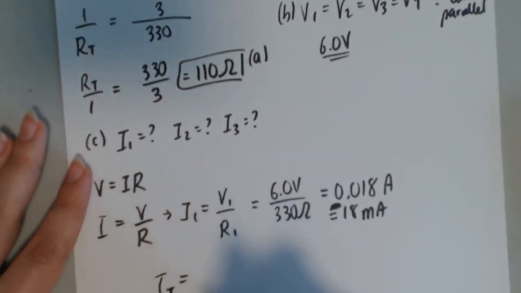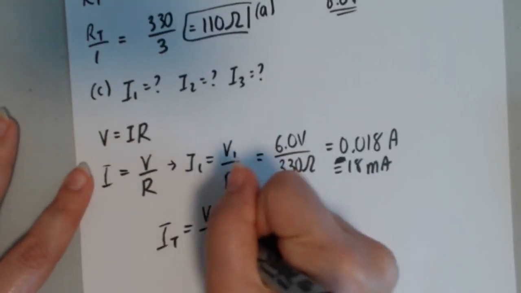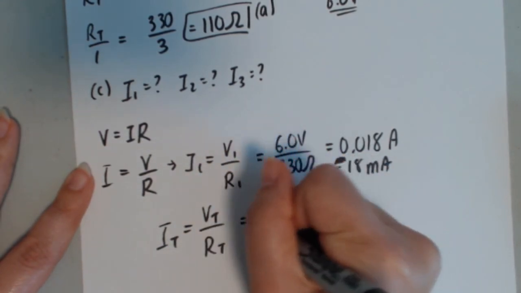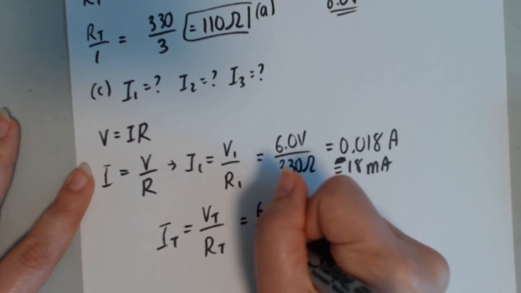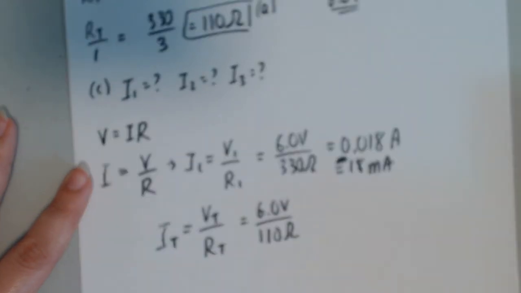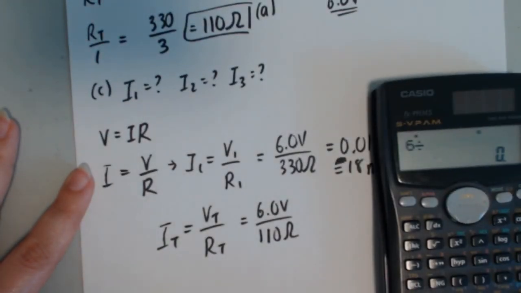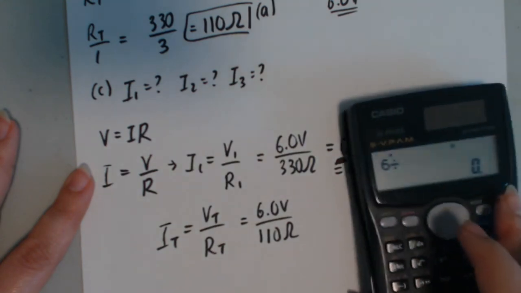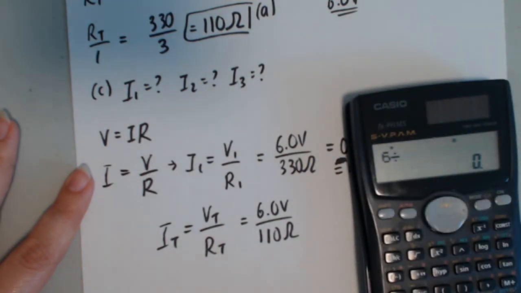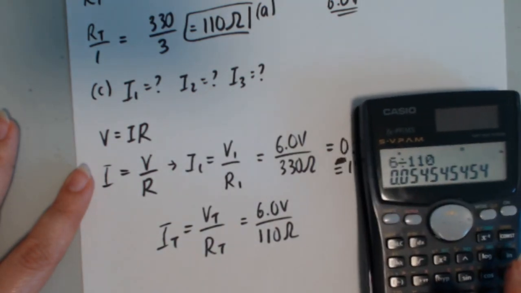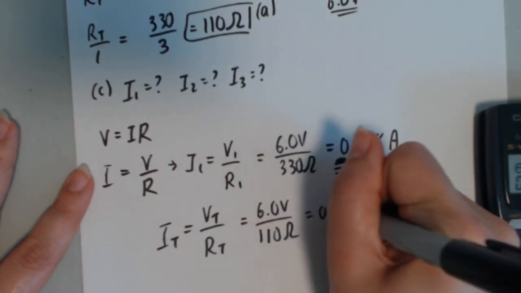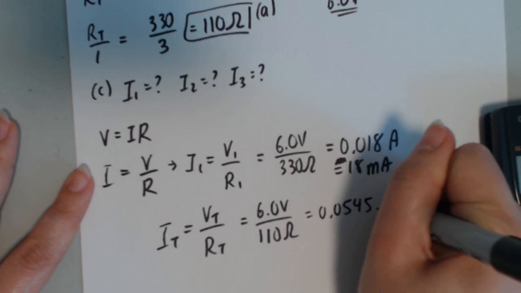I total is equal to V total over R total. So V total is also 6 volts. R total is 110 ohms. 6 divided by, oh, hang on. Let me just think about this one second here. Yeah, okay, so 6 divided by 110. So I get 0.0545, and this continues.